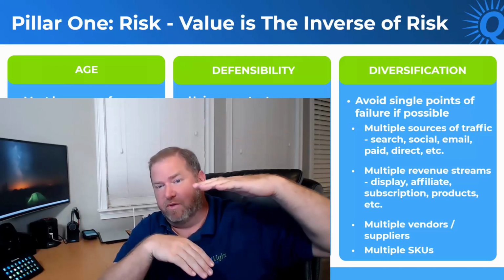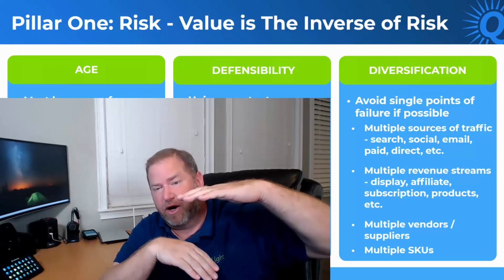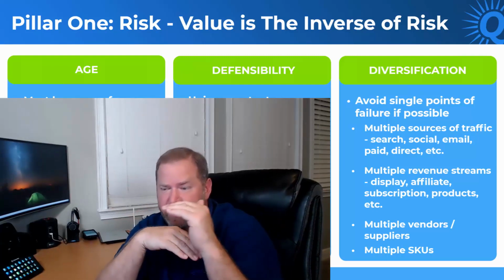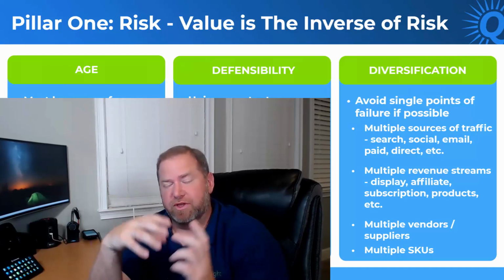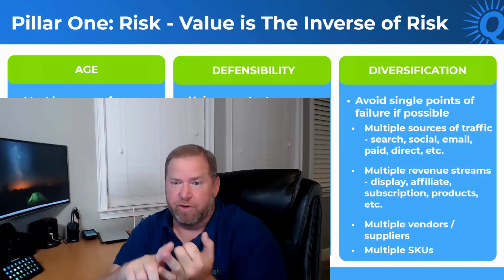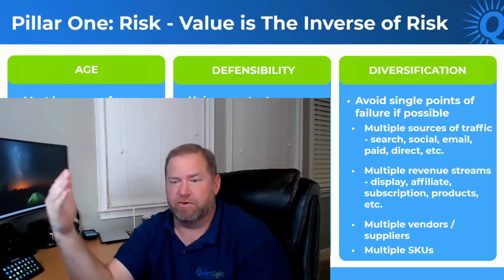But with membership, traffic goes away, you're not adding new customers necessarily, but you still have those people on recurring billing and you've got a runway to try and turn things around. So the more you can diversify both your traffic and your revenue streams, the better off you're going to be and the less risky it's going to be, which means higher value, right?